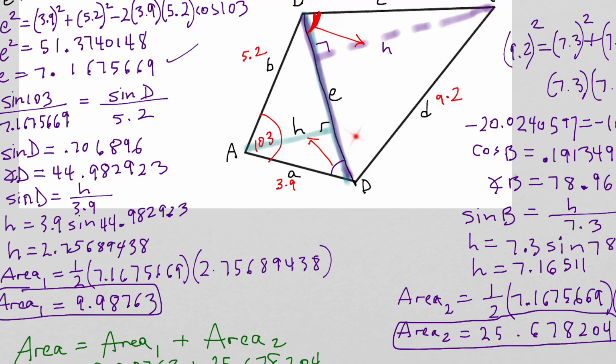So then we just added those two areas up. It's a lot of work, but it's good practice for learning how to find the area of a general triangle. All right, so this concludes the examples we're going to do for section 4.3 on finding the area of a general triangle using law of sines, law of cosines, and right triangle trig.